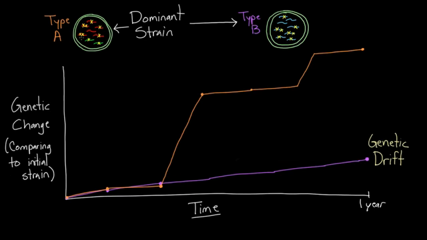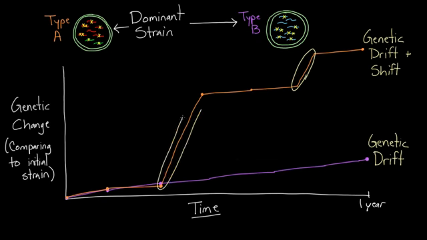The genetic change over time for the orange one, the type A, is actually looking quite different. And this one actually has elements of what I would call genetic drift and shift. And more specifically, this part would be kind of a big shift, right? This is where a whole chunk of RNA got kind of incorporated into the dominant virus. These are two shifts that might have happened that year.